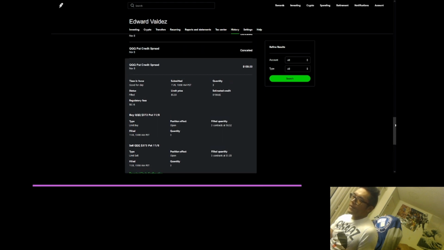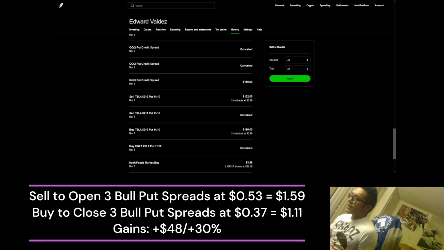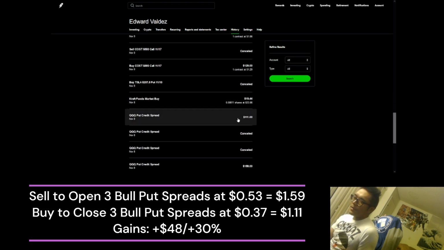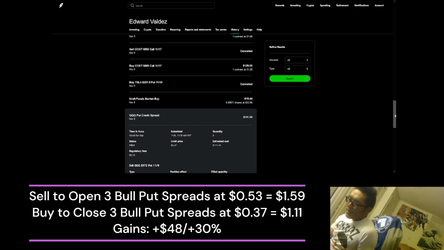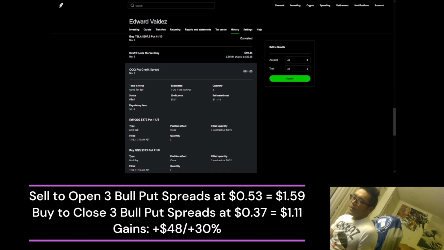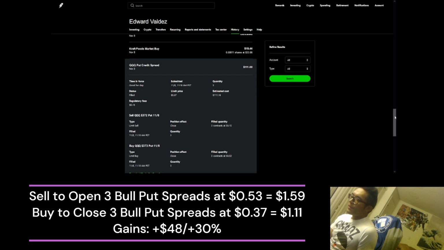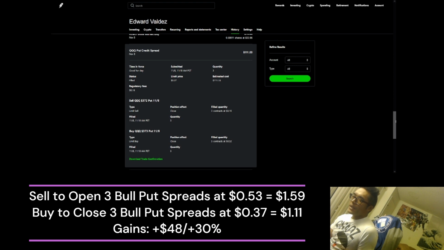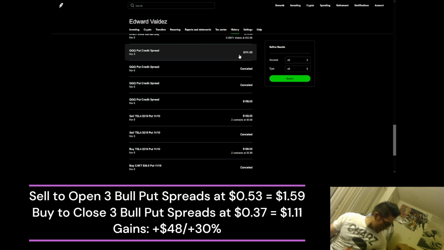That means I need to sell each of them for less than $53 each, and I believe I sold them all at once at a price of 37. So 53 minus 37, that would be $16 each. Combined total, that was $48, and 30% in the play.